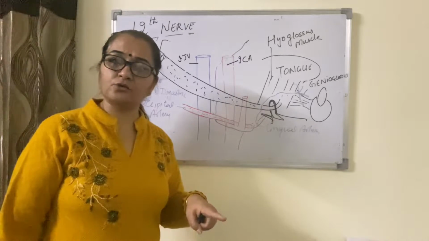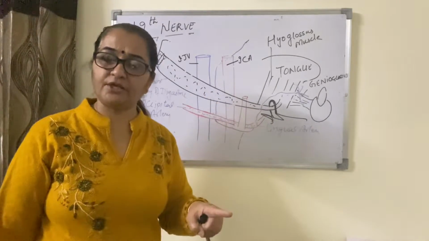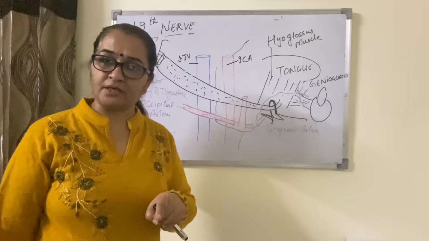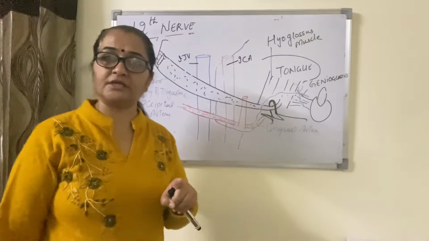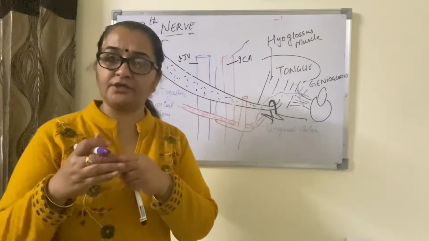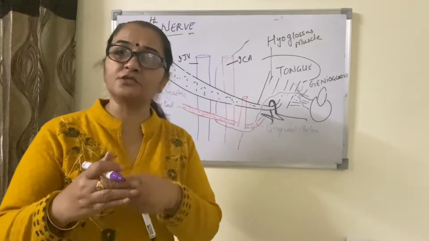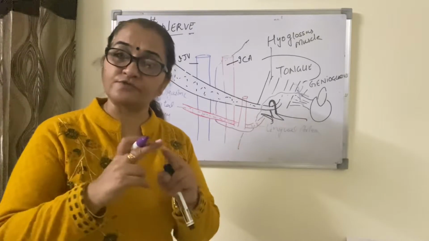In the intracranial course, the fibers start from the hypoglossal nucleus, leave the brain between pyramid and olive, then move towards the hypoglossal canal. Once they leave through the hypoglossal canal, in the initial part they run between the internal carotid and internal jugular vein. Internal carotid artery is anterior and internal jugular vein is posterior. After that, it is joined by the ventral root of C1.